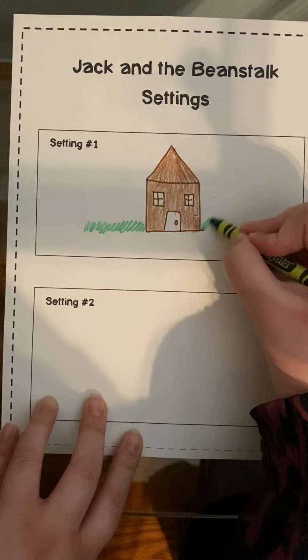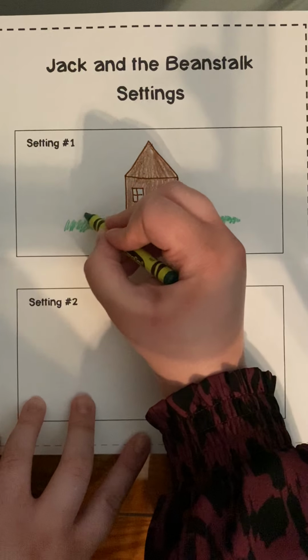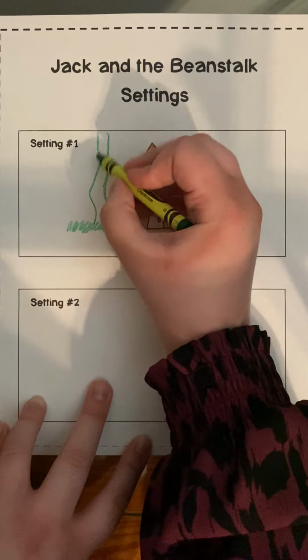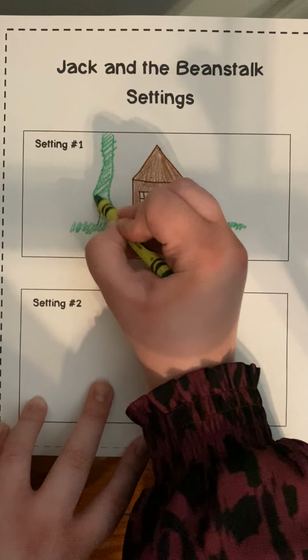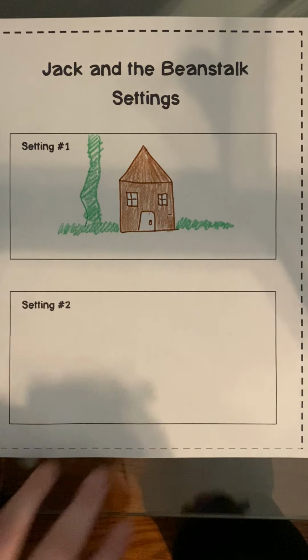I'm gonna draw a big beanstalk too, because in the middle of the story, we know that there's a beanstalk outside of his house now. So let me draw a big beanstalk. There you go. Okay, and I'm gonna draw Jack. I'm gonna draw Jack outside of his house.